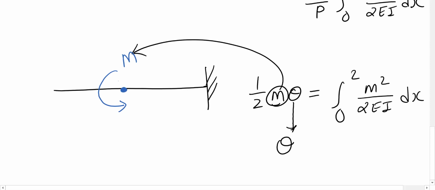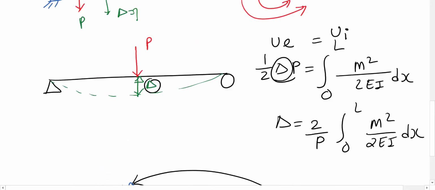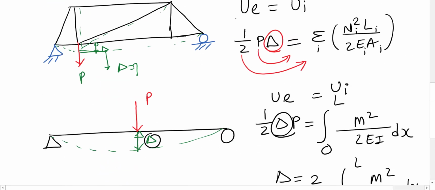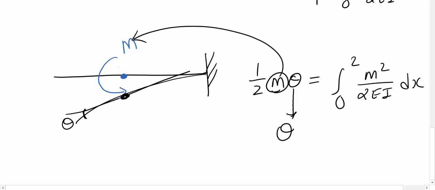That theta, the rotation, is the angle of the slope of the tangent at that particular point. So that is a rotation or slope. So we can find the deflection using this principle: external work equals internal energy, and we can take some examples to solve the deflections.